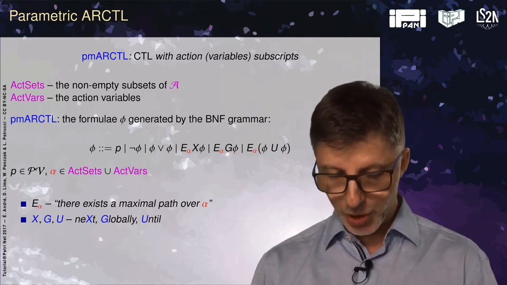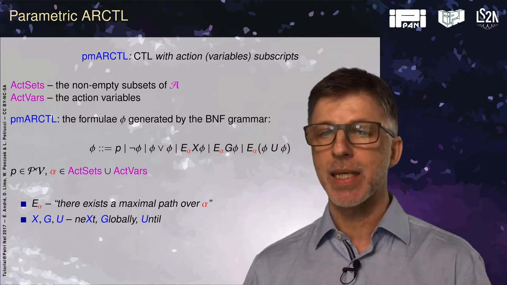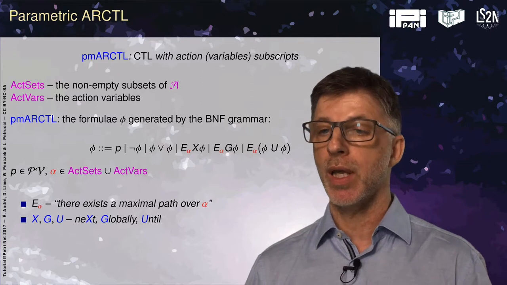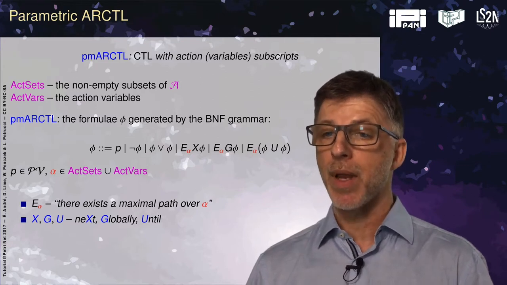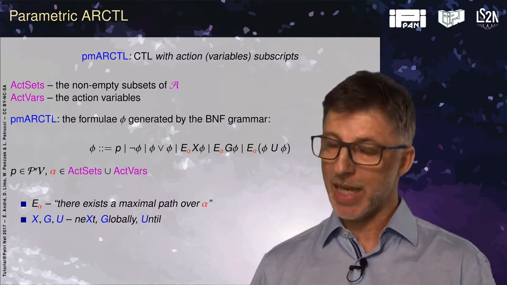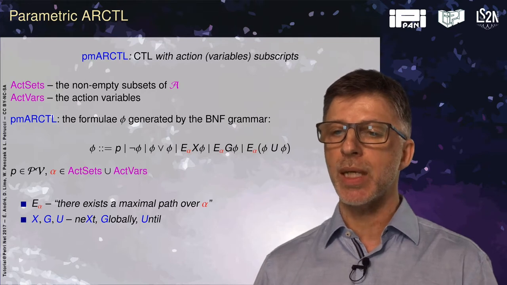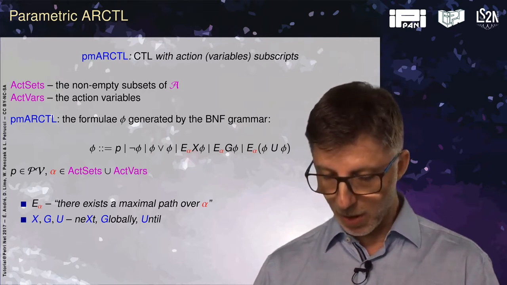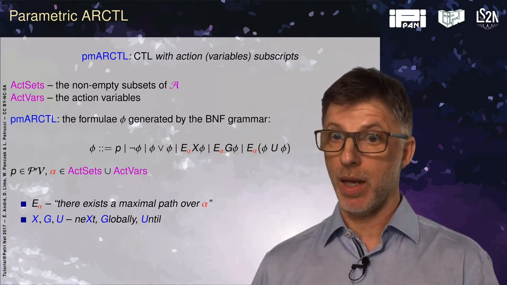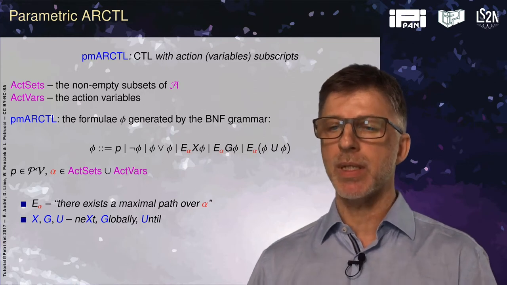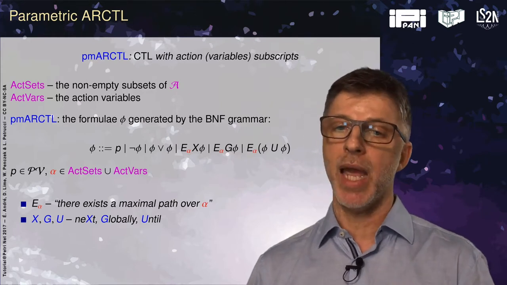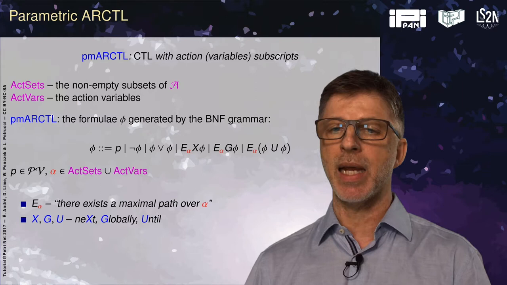The first set, denoted act sets, is the set of all the non-empty subsets of the set of actions A. These sets of actions are going to be used in the syntax as subscripts of our temporal operators, and as well as subscripts of these operators we can also use action variables, and all the action variables are in the set act var.